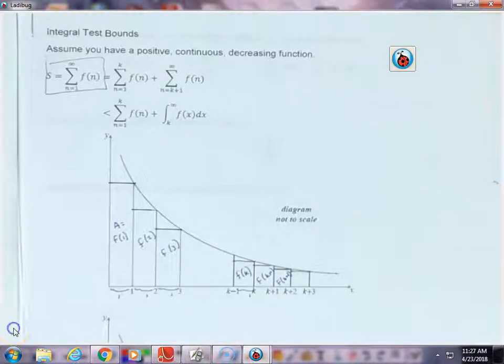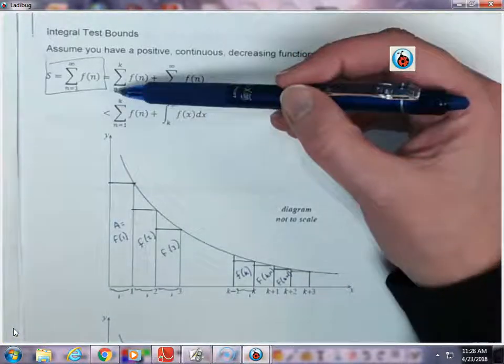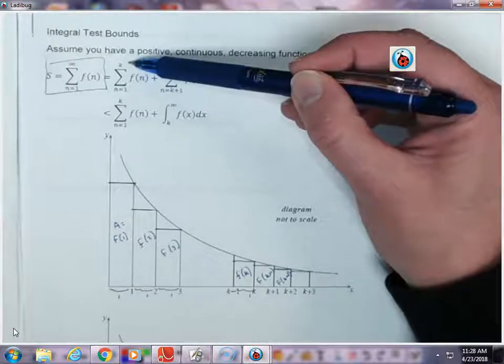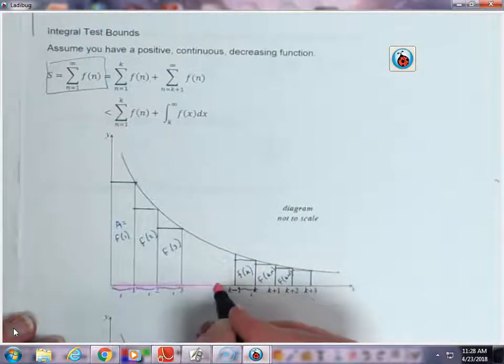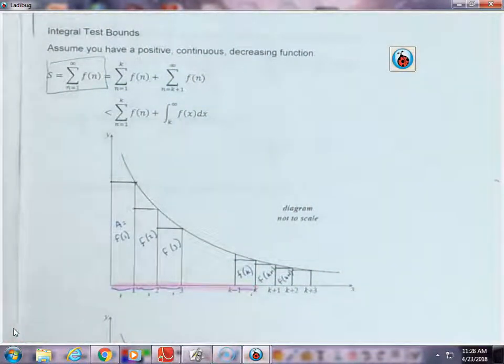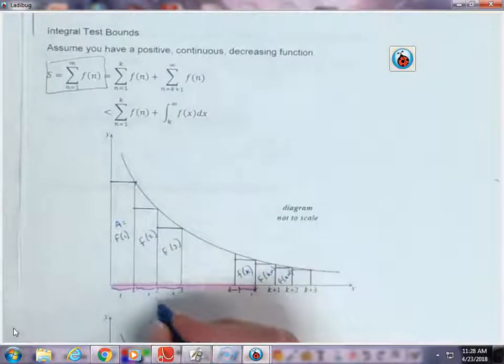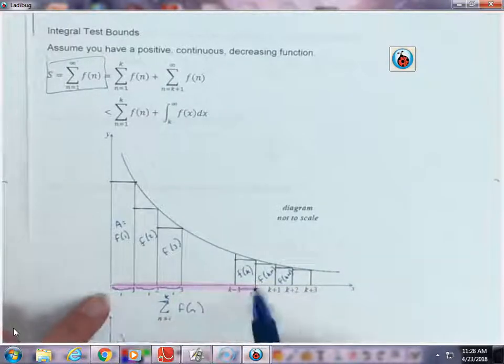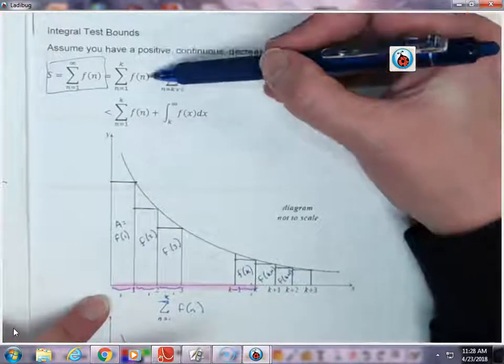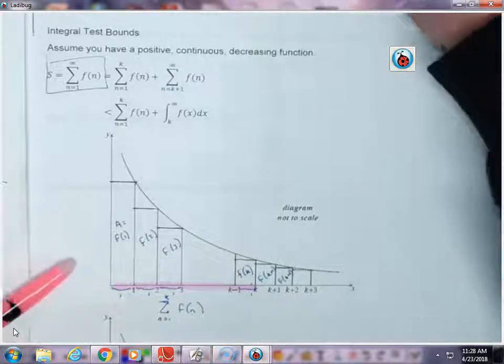First we add up from 1 to k, which is all of these. This represents the summation from n equals 1 to k of f of n, because we're going from f of 1 all the way up to f of k.